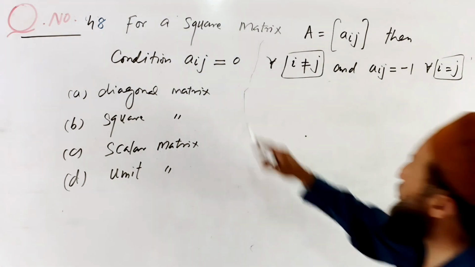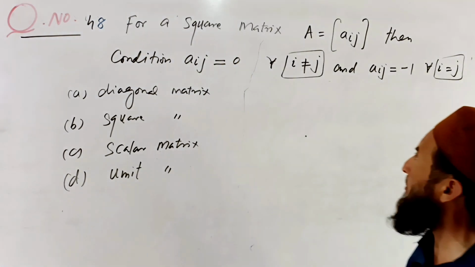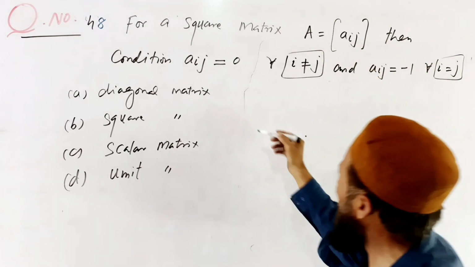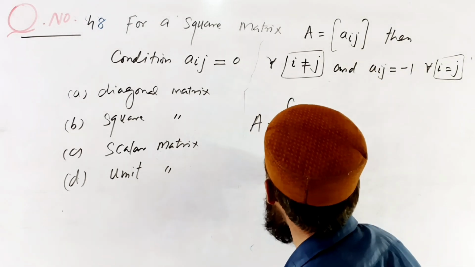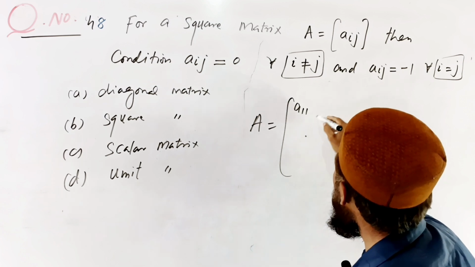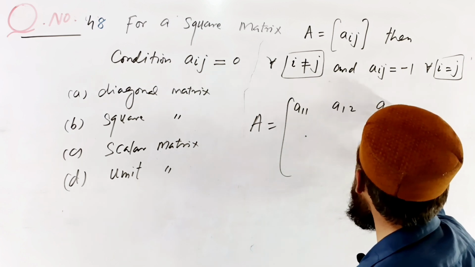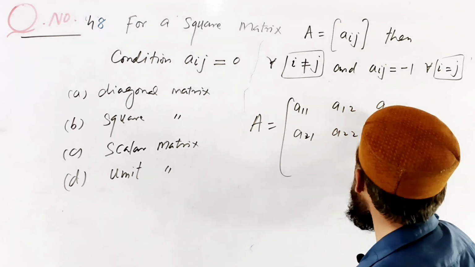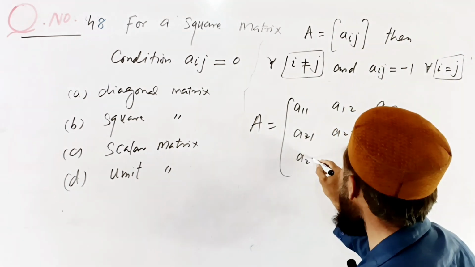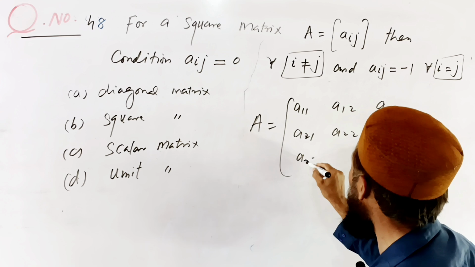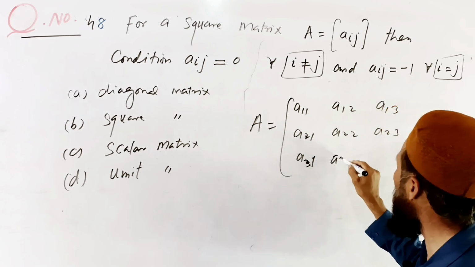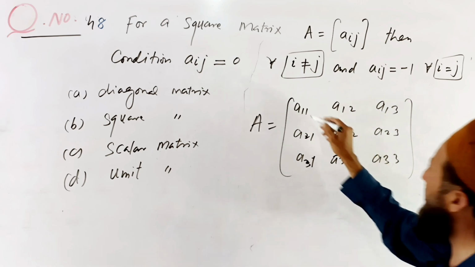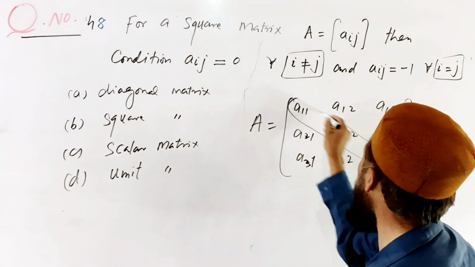Look here, for a square matrix the order is the same, and aij is given. For example, A is equal to a11, a12, a13, and a21, a22, a23, and a31, a32, a33. This is the main principal diagonal.